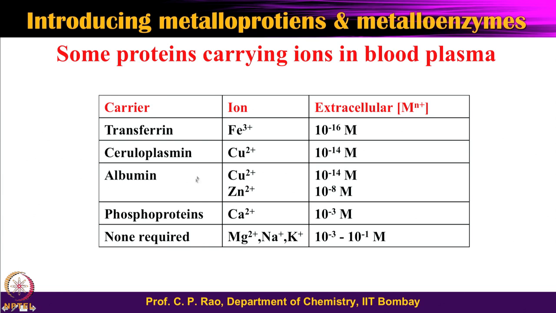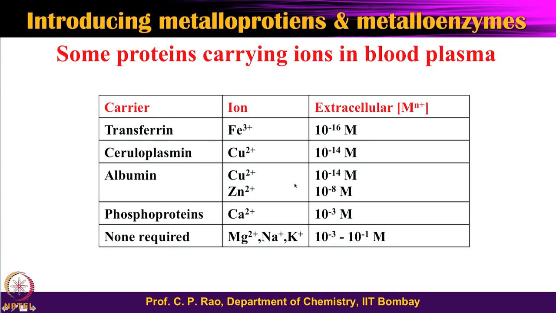In fact, many more are there; this is just a few. And their cellular or extracellular concentrations are, some of them, extremely low, but they are very important: 10 power minus 16 molar, 10 power minus 14 molar, albumin 10 power minus 14, and phosphoproteins, and so all these kinds.